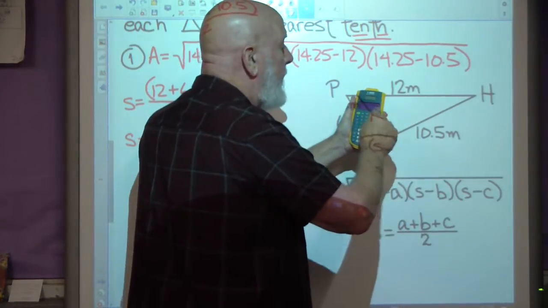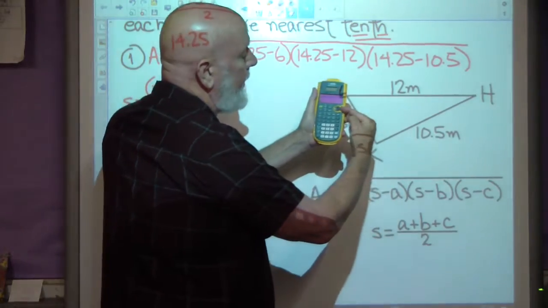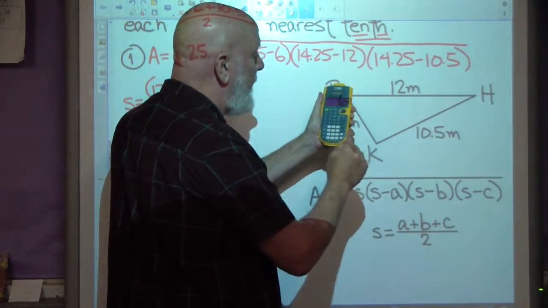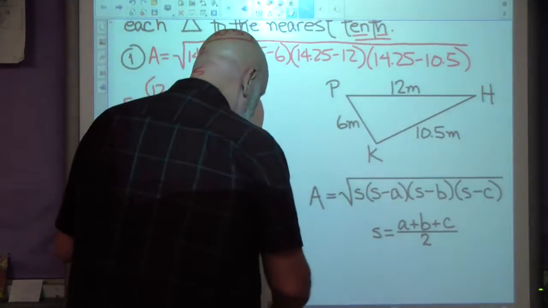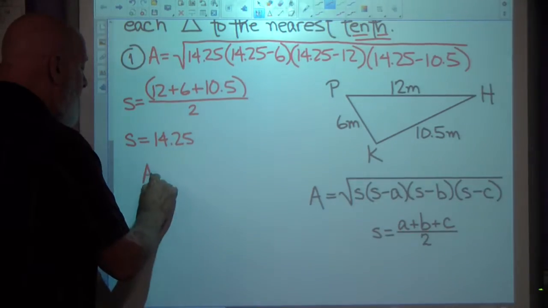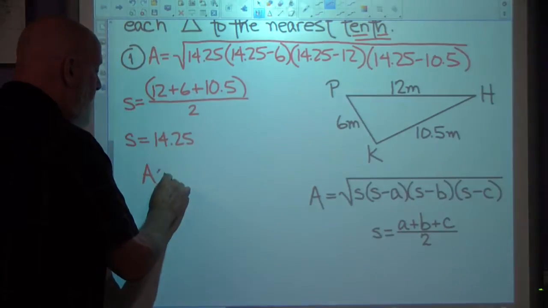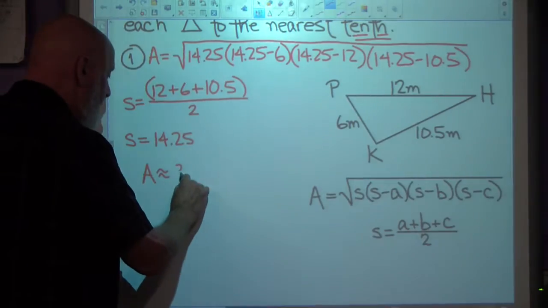I'm still under the radical here, so I'm just going to come out from under the radical by hitting this little button right here, and then hit enter. That gives me 31.49, which I'm going to round to 31.5 and hope I haven't made any mistakes. The area of this triangle would be approximately 31.5.